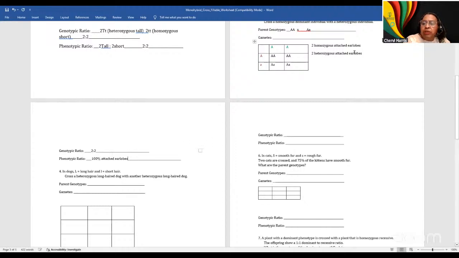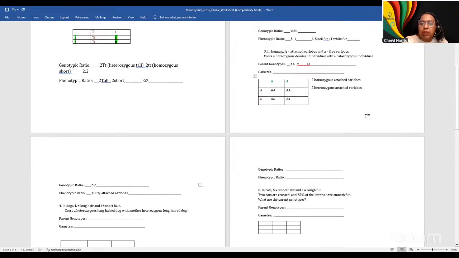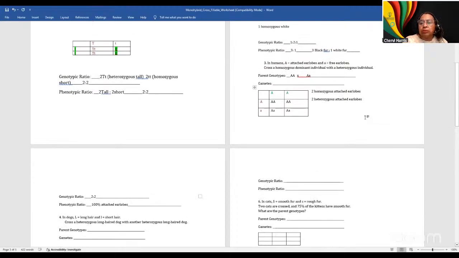Because all of these, even though it's heterozygous, we're not going to see anybody with hanging earlobes. Okay, there's 2 homozygous, 2 heterozygous, but that's 100%. Everybody's going to have attached earlobes.